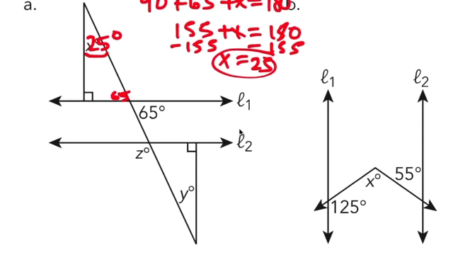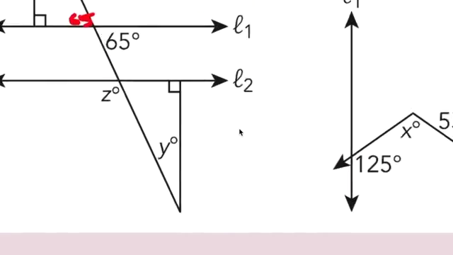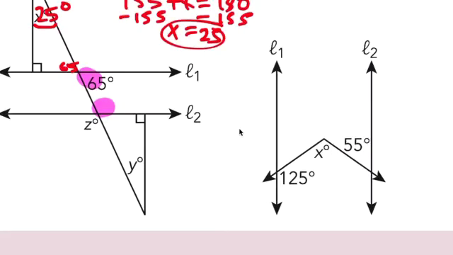So x here is 25 degrees. Okay, what do we know? That this is same side interior, which makes 180. So 180 minus 65, I get 115, right?